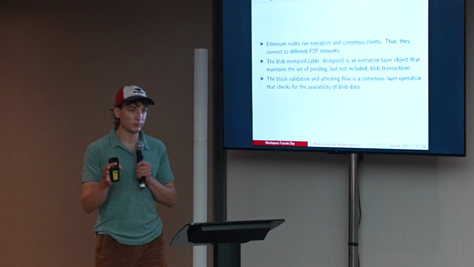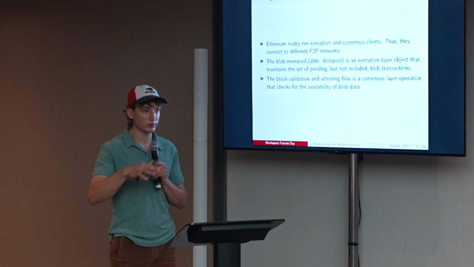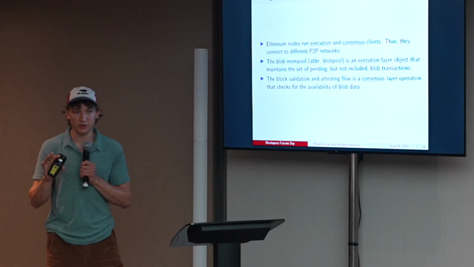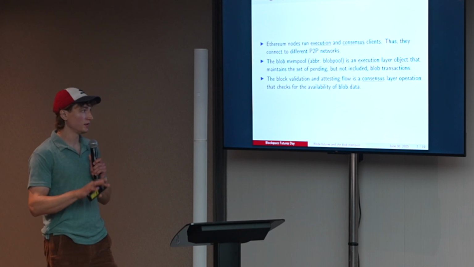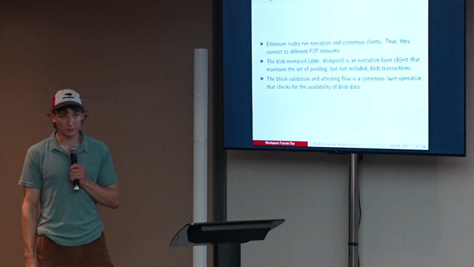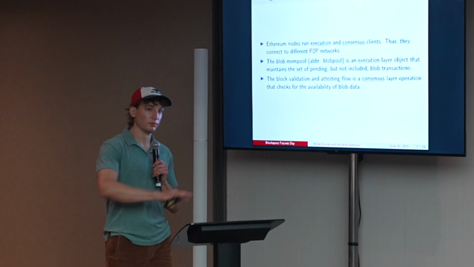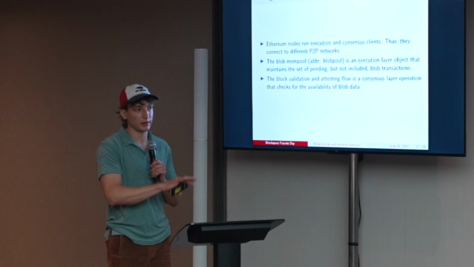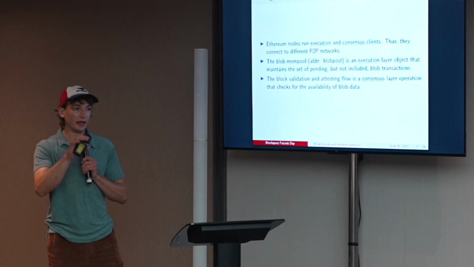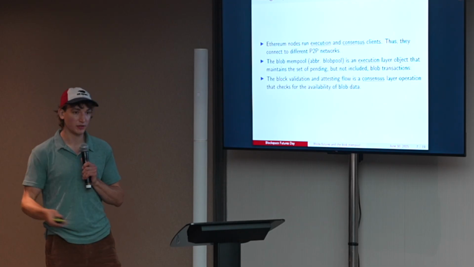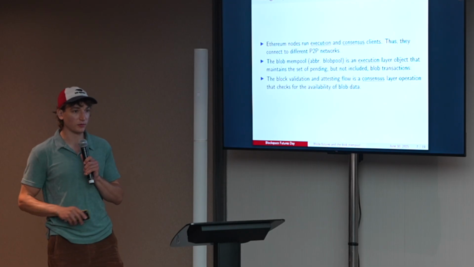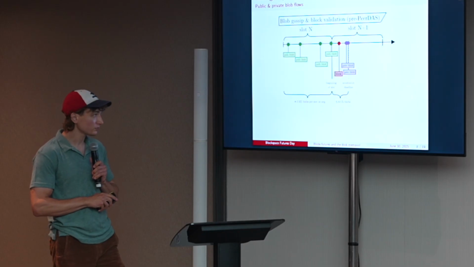So when it's time to decide if a block is valid and vote on it, like send the attestation that says, I believe this block should be the head of the chain, the consensus layer has to kick in and check for the availability of blob data. So there's the blob pool that has the set of pending transactions, and then the actual validation and consensus operation that happens once the block has been published. So these are two very different paths that blobs can flow through.